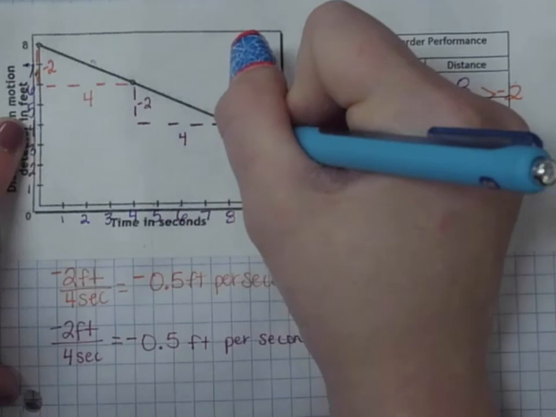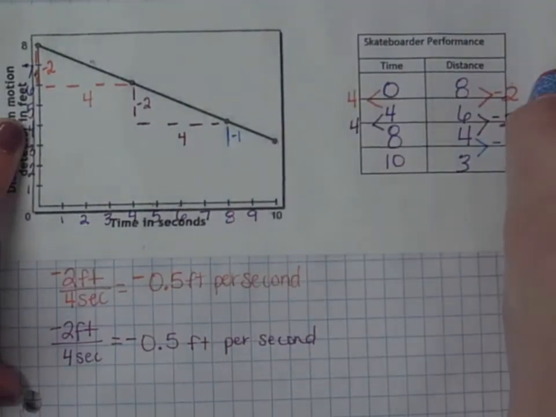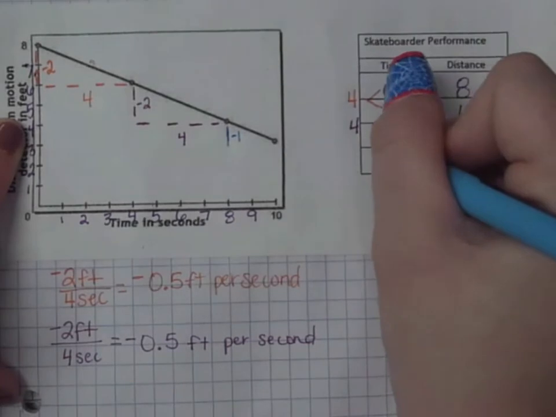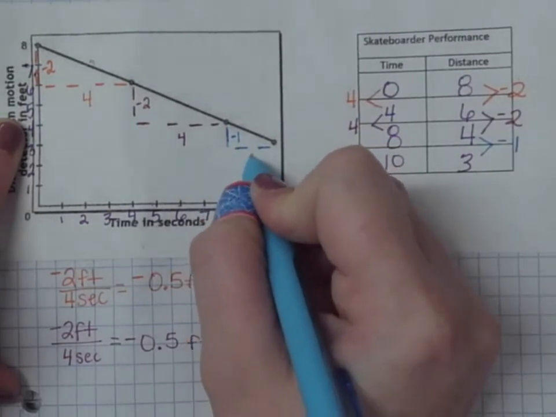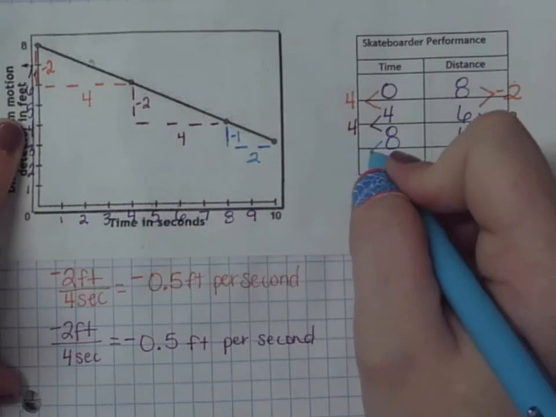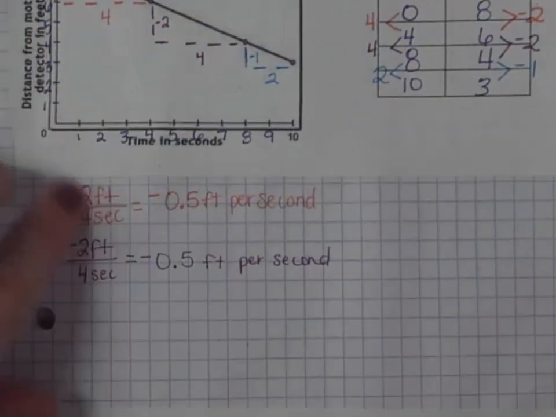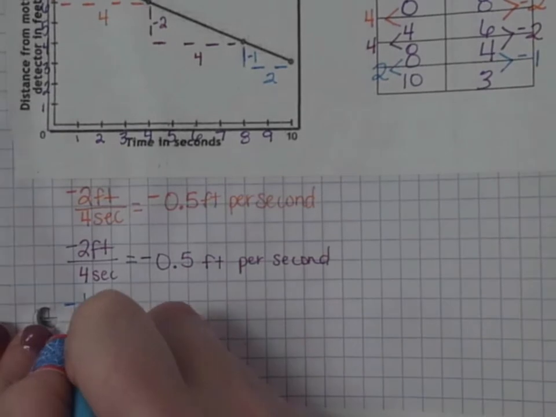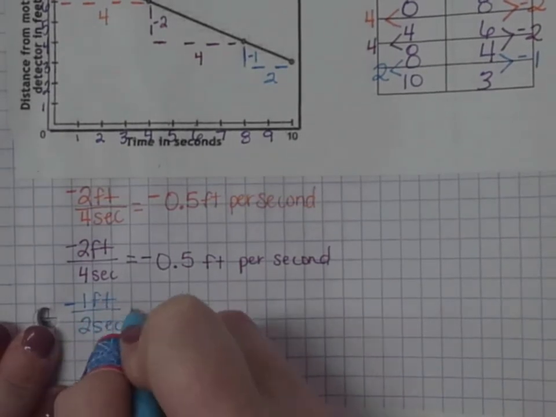So it's actually only going down 1. From 4 to 3, it went down 1. And then from 8 to 10, that actually only changes by 2. 8 to 10 is 2. So then when I set this up, I would set it up as 1 foot over 2 seconds.